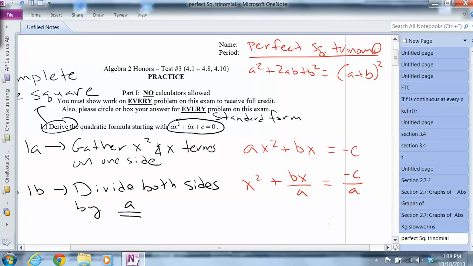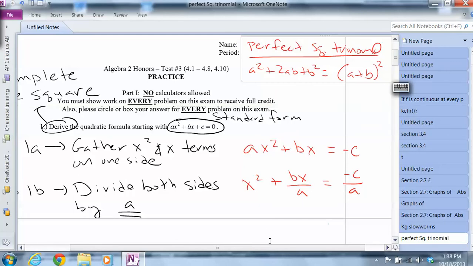So remember, we want to be able to make a quadratic look like this so that we can factor it. So that's the whole reason for doing that. Now we have x squared kind of all by itself in some fashion, right?